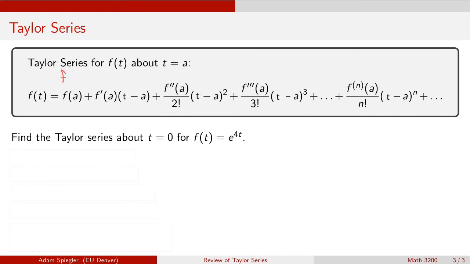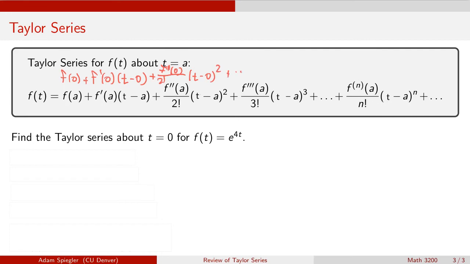So we're going to have f of 0 plus f prime of 0 times t minus 0 plus f double prime of 0 all over 2 factorial times t minus 0 squared and so on. So our a value is 0.